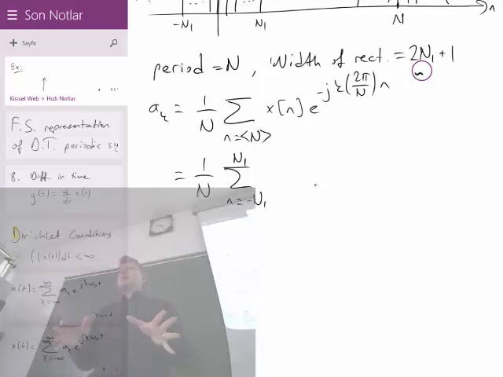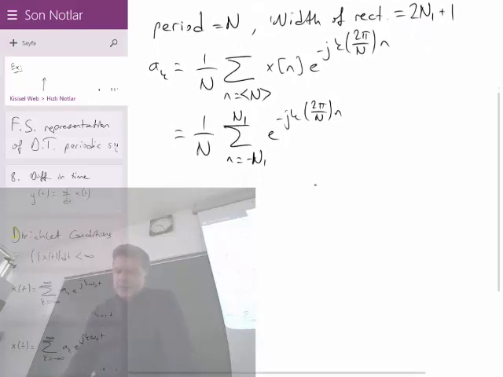Only there x of n is non-zero, and as a matter of fact, there x of n is 1, so there is no need to even indicate that. And we can simply write the complex exponential, e to the minus jk 2 pi over capital N times n. So this summation is what we need to evaluate, and it looks not very easy.